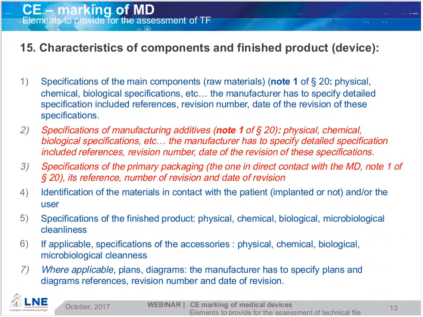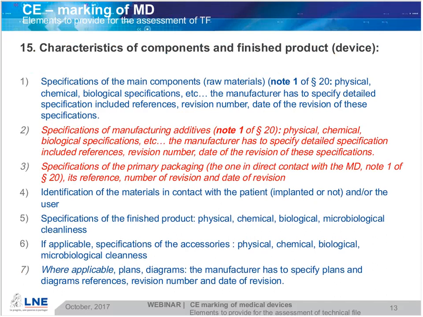Section 15 is about characteristics of components and finished products. The first item has been slightly modified, and it is dedicated to the specifications of the main components only. The second item has been created: specifications of manufacturing additives, about physical, chemical and biological specifications.